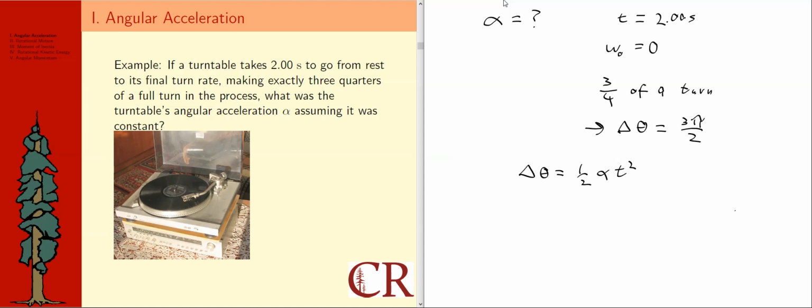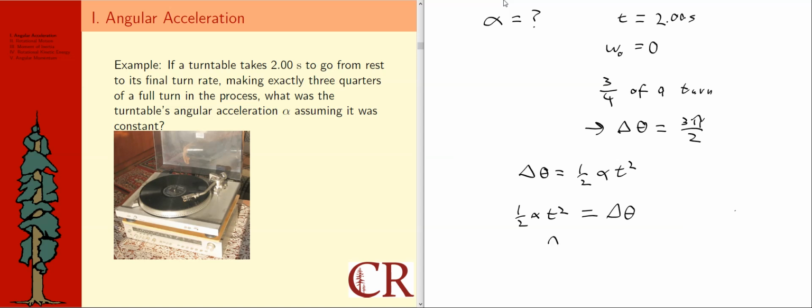And recognizing that alpha is the question, I think I can do a little bit of algebra here. Let me rewrite this with things on the opposite side so that I can more transparently see the algebra.